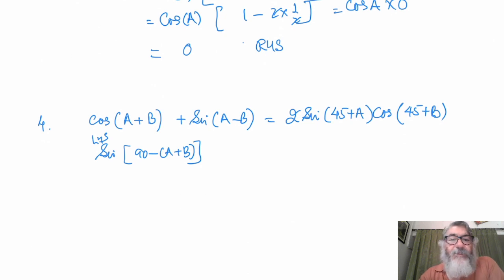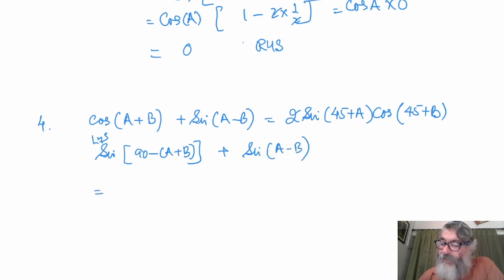Sin 90 minus theta is cos theta, so it will be cos(A plus B). So cos can be converted into sin. Cos 90 minus theta is sin theta, sin 90 minus theta is cos theta, plus sin(A minus B).